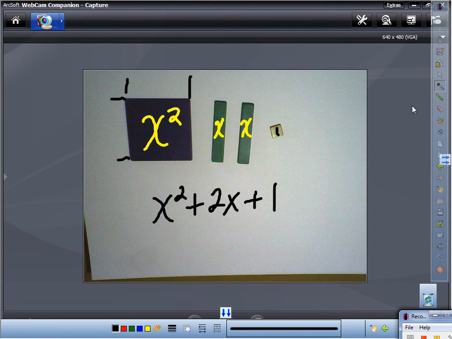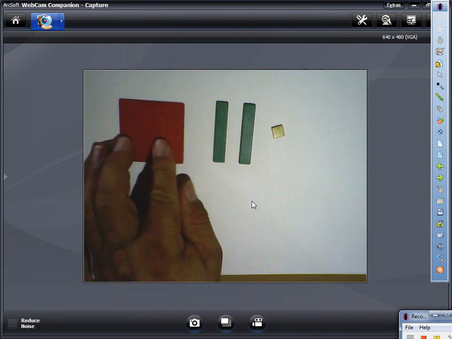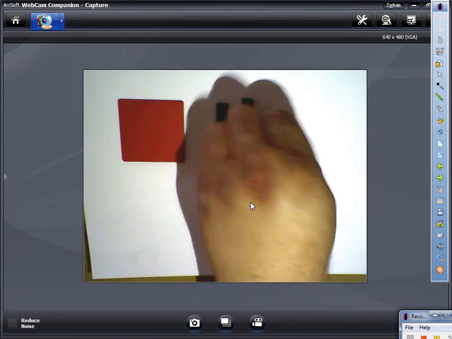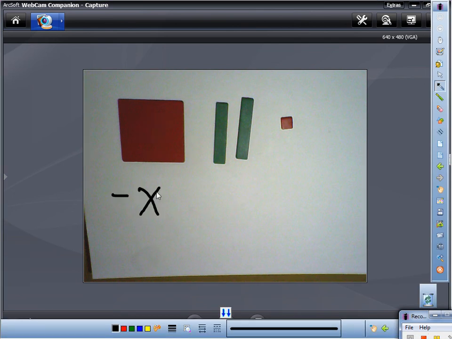Is it coming back? Okay, how about this one? What if I flip this one and I flip the little one? What does that mean? Talk it over with your neighbor. If it's in red, what does the red mean? That is correct. This is a what? Negative x squared, and this one's still a positive 2x, and what is this one?